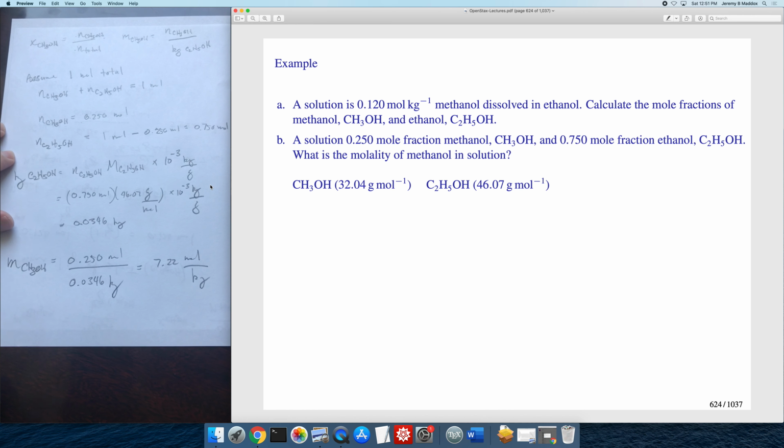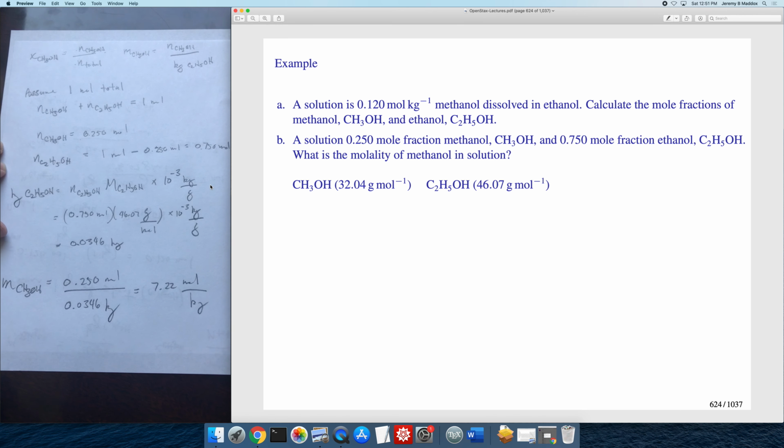Okay, so you need to be able to convert from mole fraction to molality and back the other way, so from molality to mole fraction.